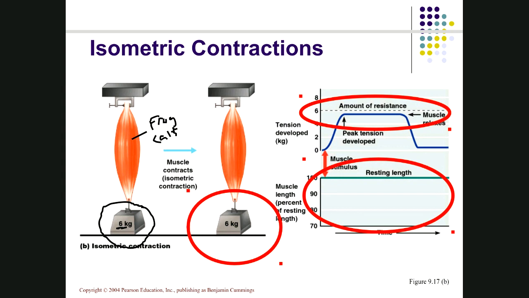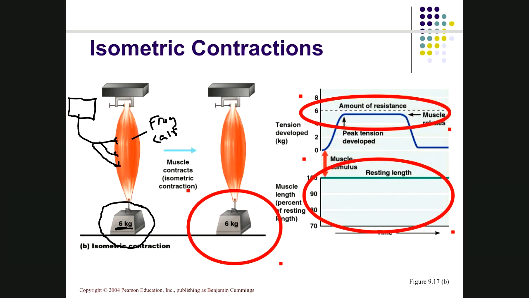If we hook an electrode up to this muscle and we send a little voltage through there, that muscle is going to contract. It's going to stiffen and contract like crazy. But again, there is just no way it's going to be able to lift 6 kilograms.